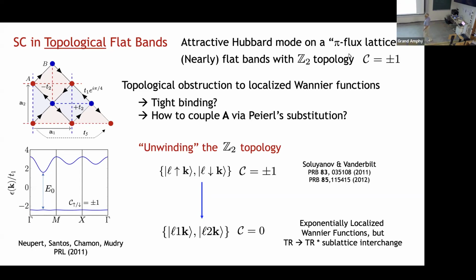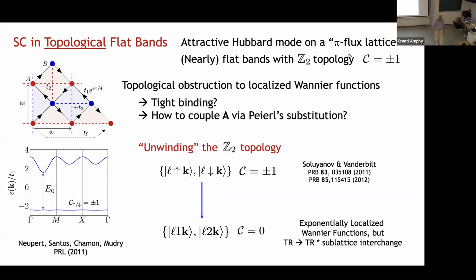Okay. So what do we do? Actually, again, here Vanderbilt comes to our rescue. We can adapt some work that he did, which says that you can unwind the topology. You have two states, a low energy up state and a low energy down state with opposite Chern numbers. You can find a very cunning linear combination so that both of these have Chern number 0.